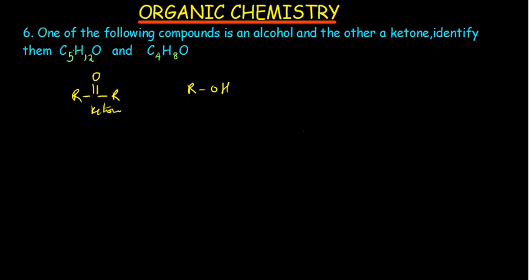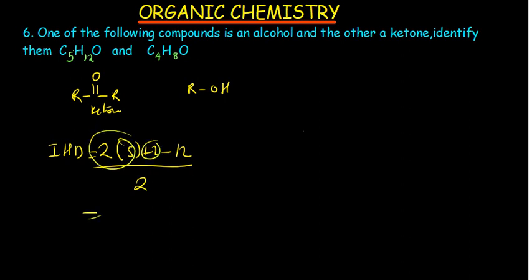So let's calculate the IHD for the first one. That will be 2 times the number of carbons, which is 5, plus 2 minus the number of hydrogens, 12. Oxygen doesn't affect, divided by 2. This is a 10 plus 2, 12. 12 minus 12, 0 over 2 is 0. That is for this one.